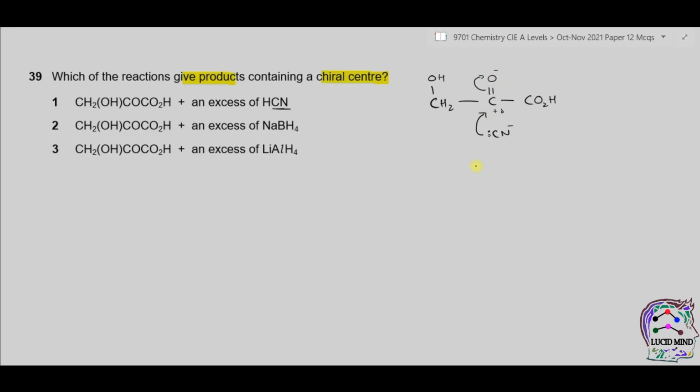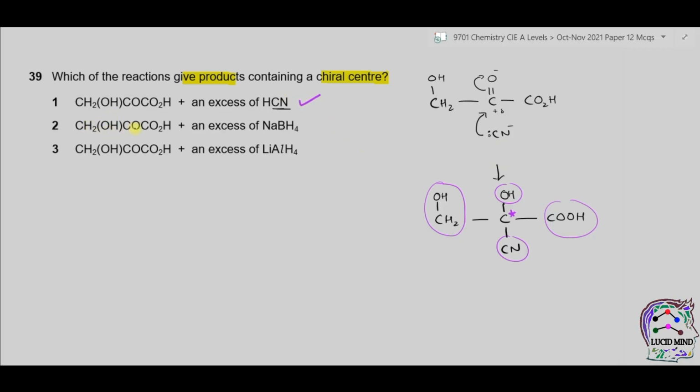And the product formed will be like this. This oxygen will attack another HCN to form OH. Now we can see that with this carbon atom we have 4 different groups attached. One is OH, one is CN, one is COOH and one is CH2OH. So therefore the product is chiral.